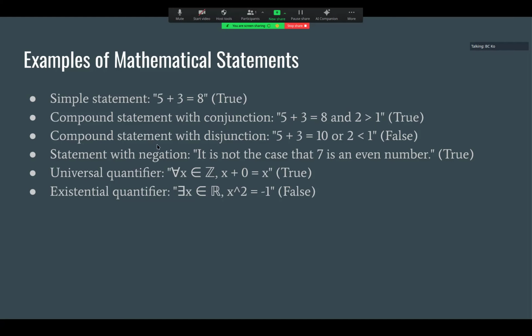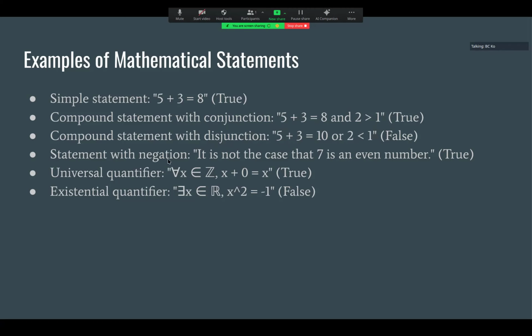For a compound statement with disjunction, in order for it to be true, at least one of the parts has to be true. If both of them are false, then this compound statement comes out to be false.